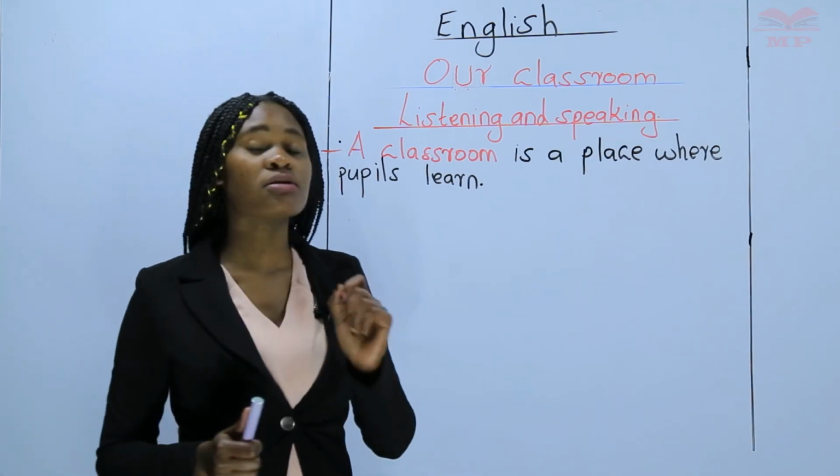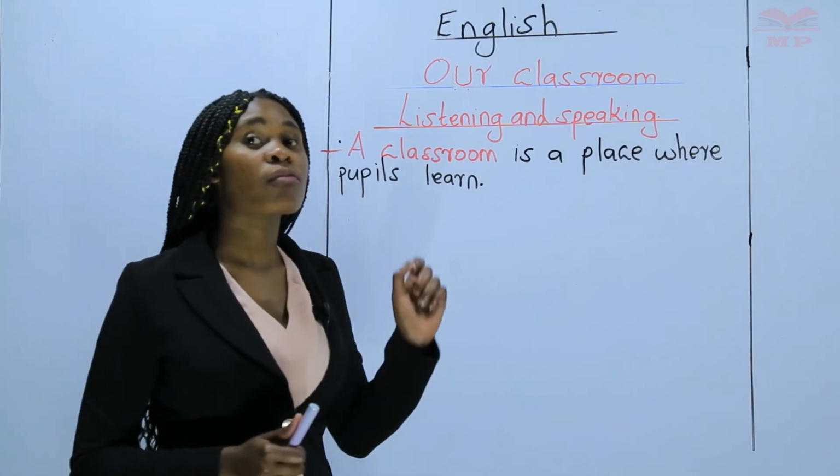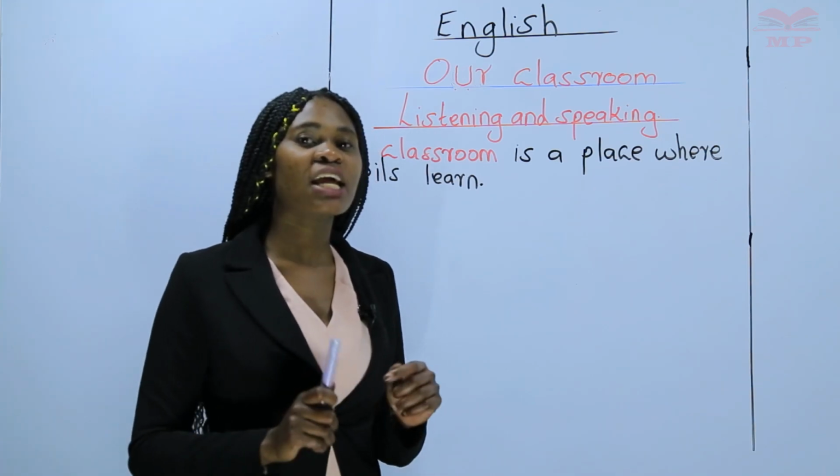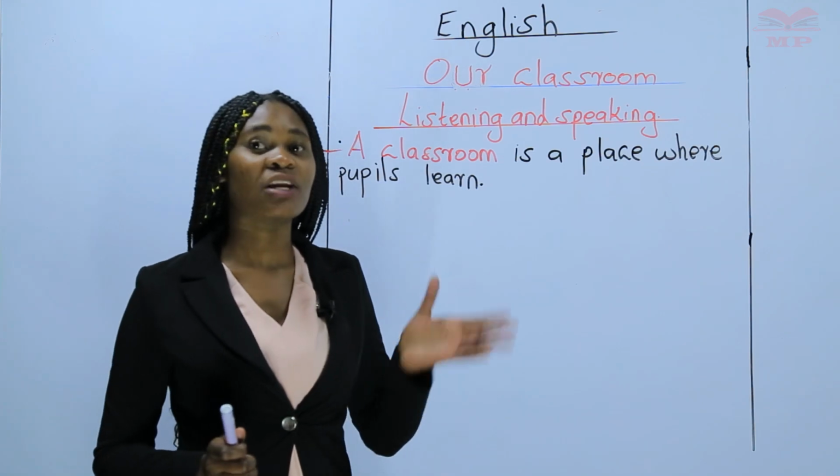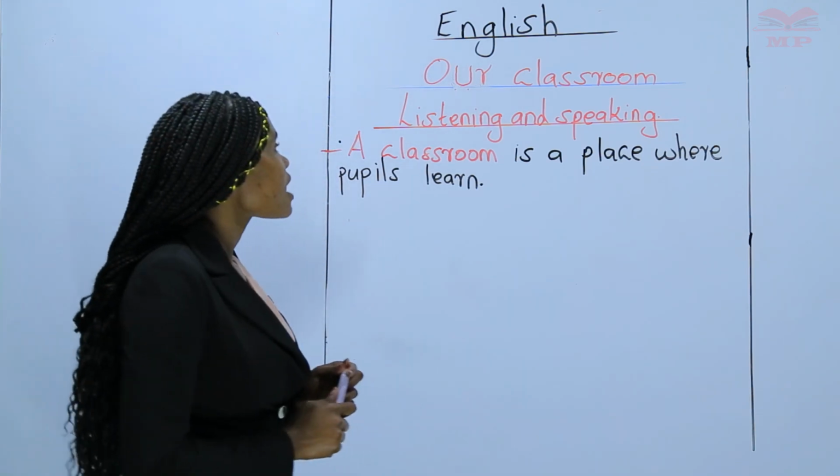A place where pupils learn is called a classroom. And mostly classrooms are found in a school. You cannot visit a hospital and find a classroom in a hospital. No, they are found in a school.